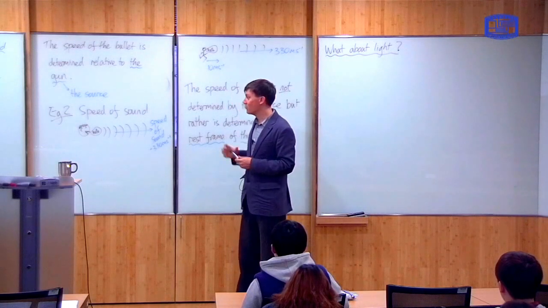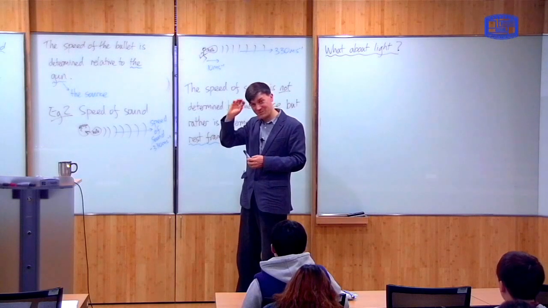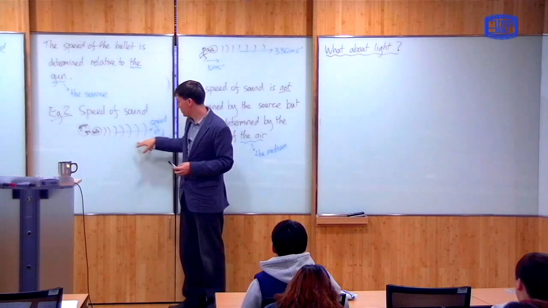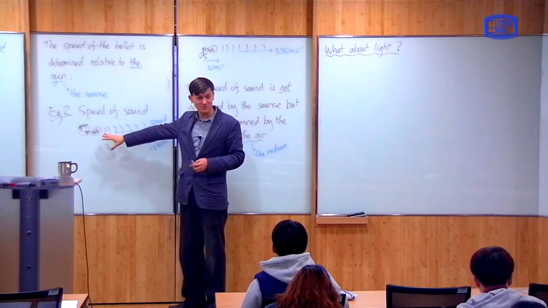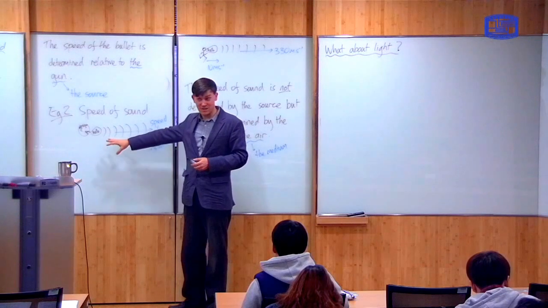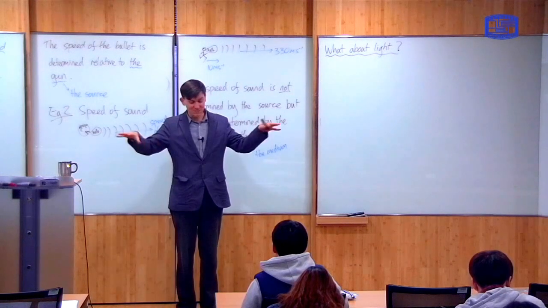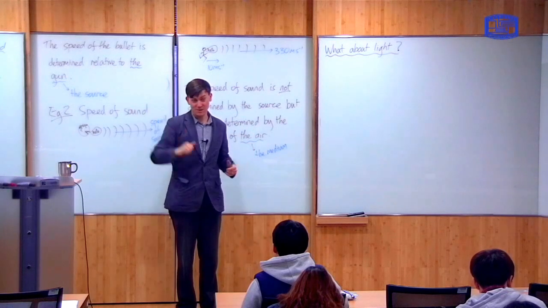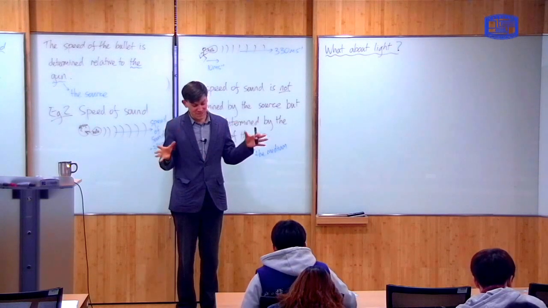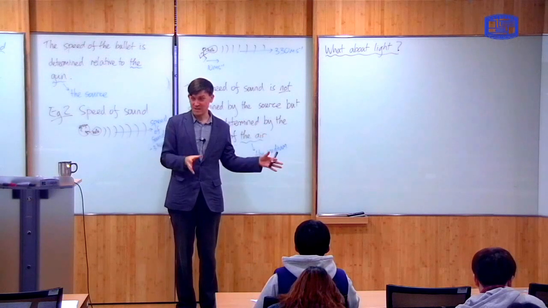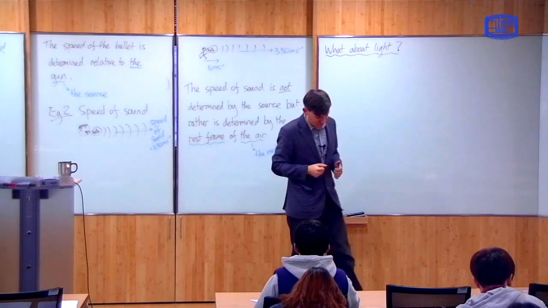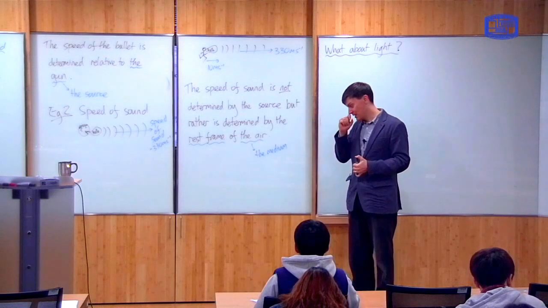So the most natural thing to think is that if light is a wave, then it should behave something like sound, which is also a wave. In other words, there should be some medium through which the light moves, and the speed of this medium determines the speed of the light. This was the most popular theory at the time.